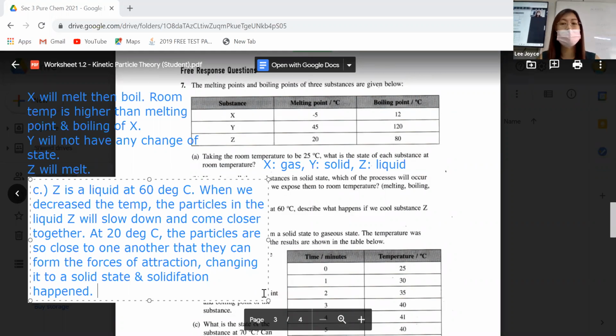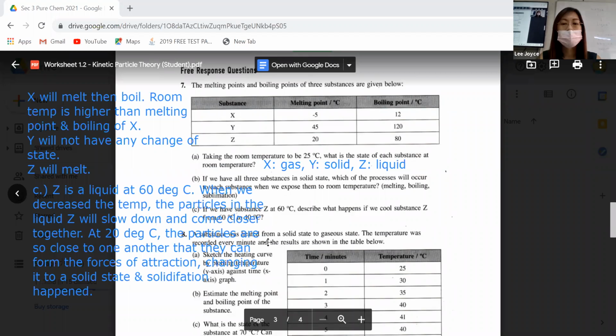But the question wants you to explain further to the 10 degrees Celsius. All right.